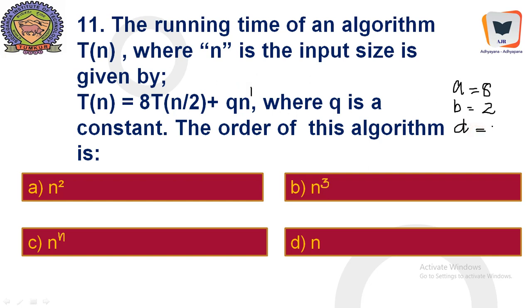Based on the relationship between A, B and D, Master's theorem directly gives the complexity of the algorithm.